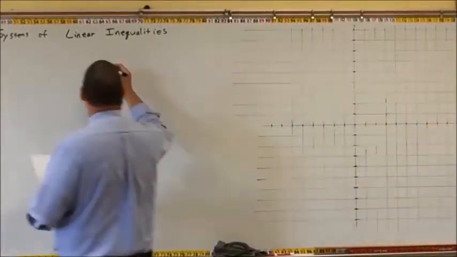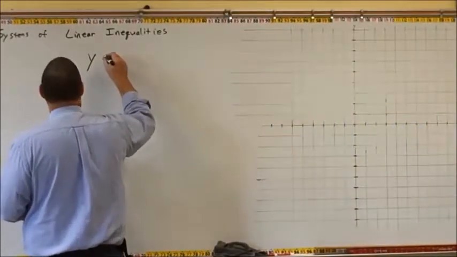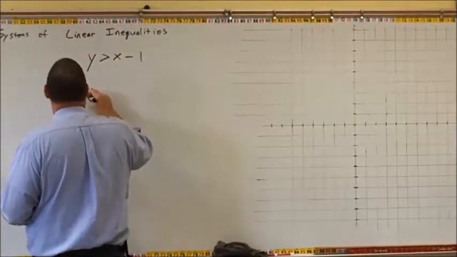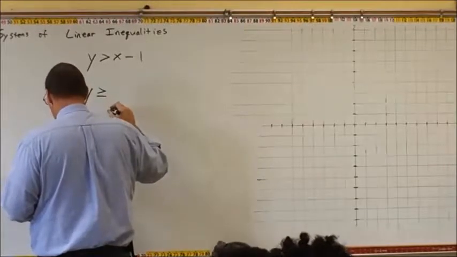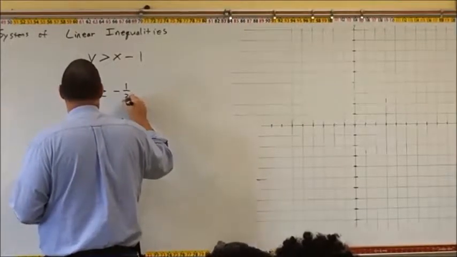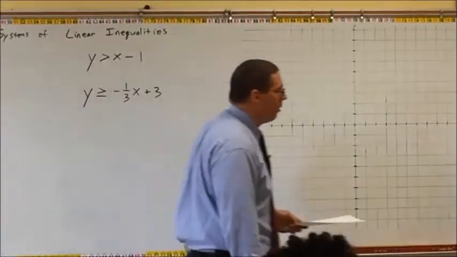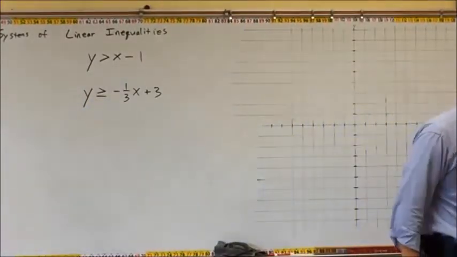So let's say that we have y is greater than x minus 1, and we have y is greater than or equal to negative 1/3 x plus 3. So why don't you start by graphing the first one.